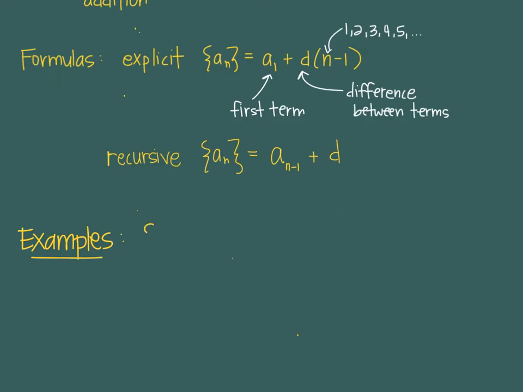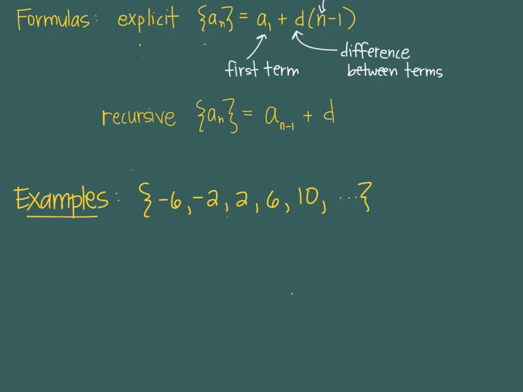Here is your sequence: -6, -2, 2, 6, 10, etc. Now, at first glance, you should be able to tell that that is an addition sequence because the difference between each term is adding up the number 4.